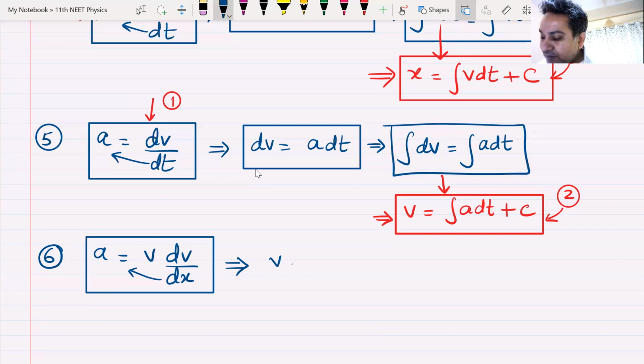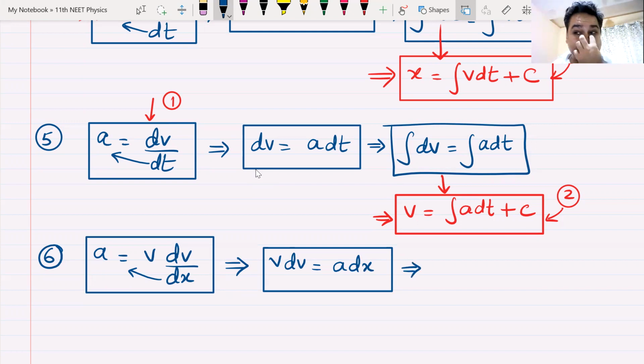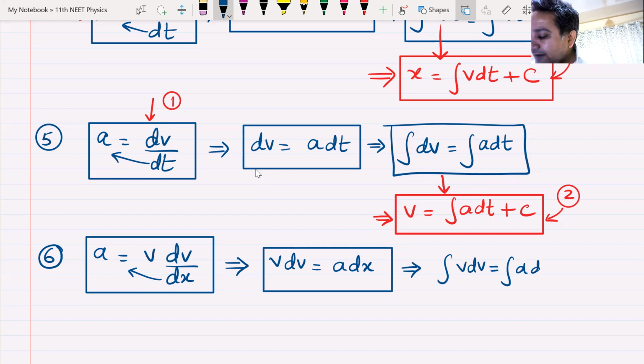So it becomes v dv is equal to a dx. What would happen in the second step? Everyone knows this. In second step, I will put the integral on top of it. So it becomes integral of v dv. Integral of v dv will be equal to integral of a dx.